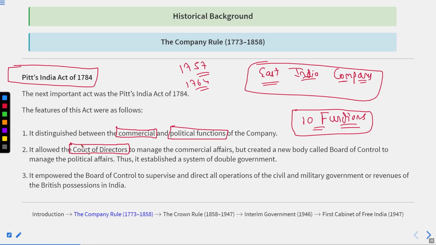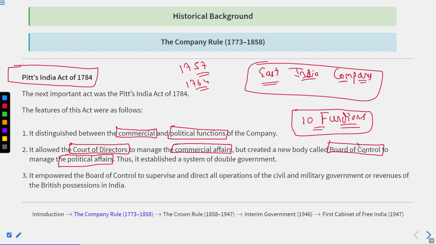Right? A similar power was granted to the Court of Directors under the Pitt's India Act of 1784, but another body was established, known as the Board of Controllers. The Court of Directors now had the commercial affairs to manage, and the Board of Controllers was appointed to manage the political affairs of the company.